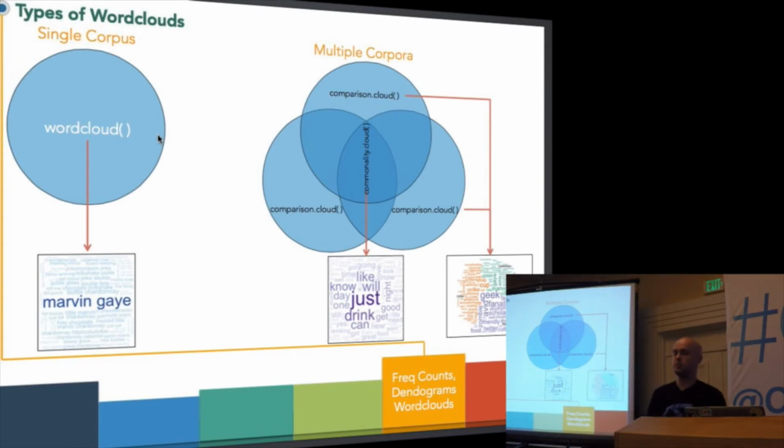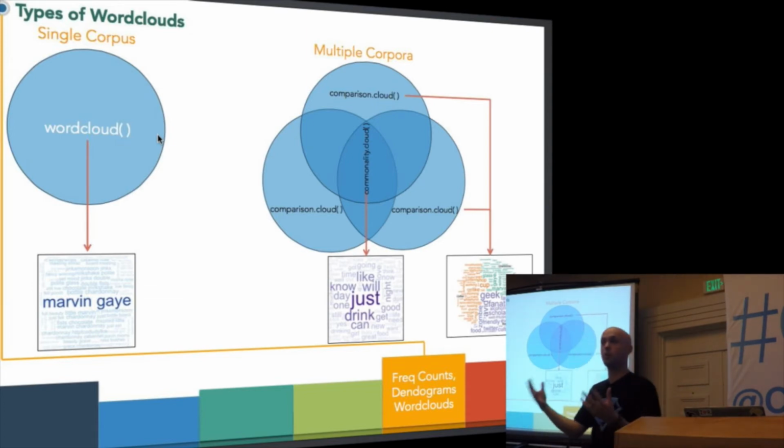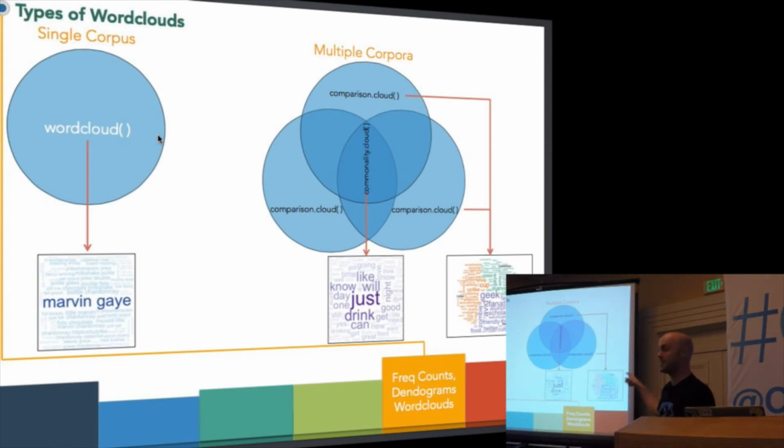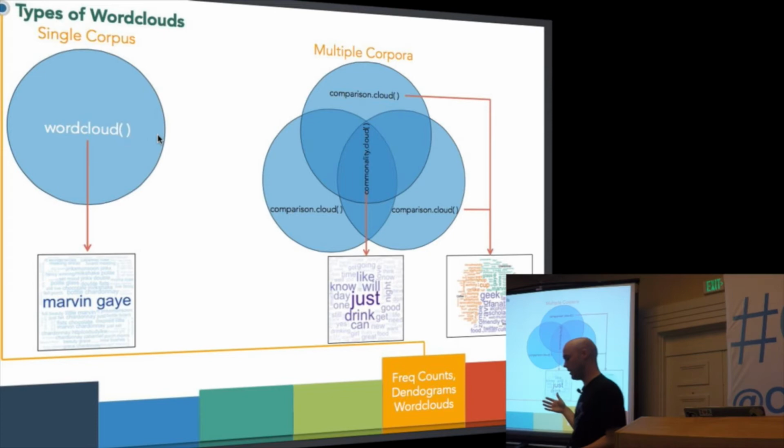We did an analysis at Liberty Mutual where we took all of the Glassdoor.com reviews of Liberty and State Farm and Allstate, and we did the commonality and comparison clouds. It turns out everyone complains about money. I guess no one feels like they're being paid enough. But in comparison, people not at Liberty, one of the other two, I forget which one, were much more concerned about career advancement.